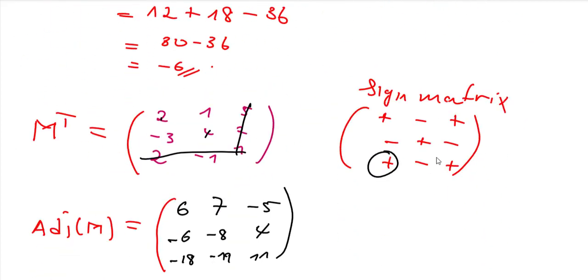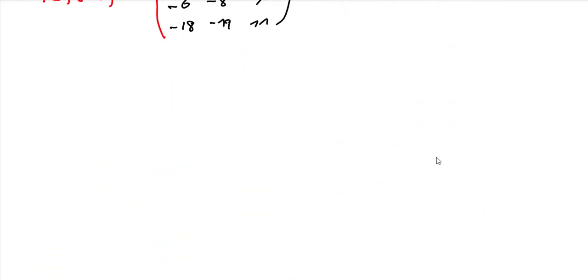Okay, now let's take the inverse of our matrix. So M inverse is 1 divided by the determinant of M, times the adjoint.